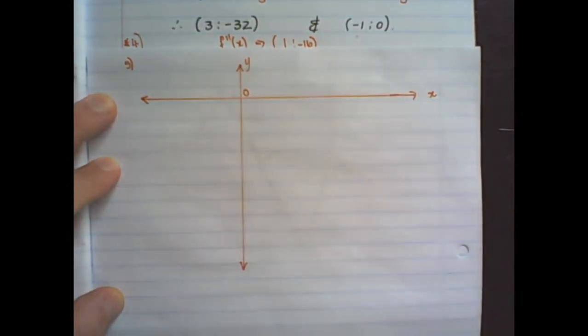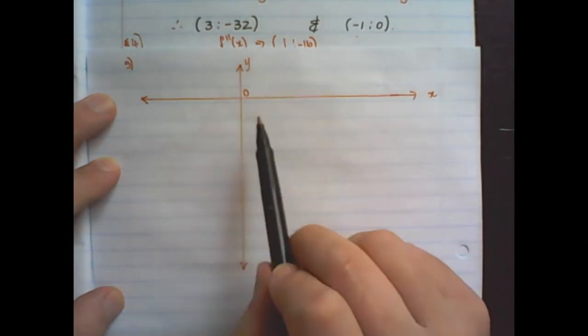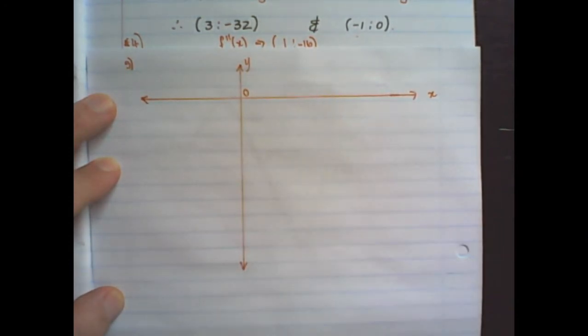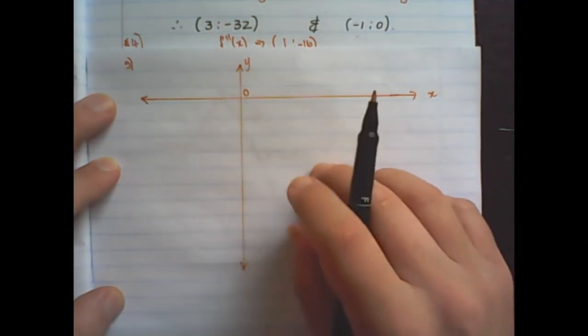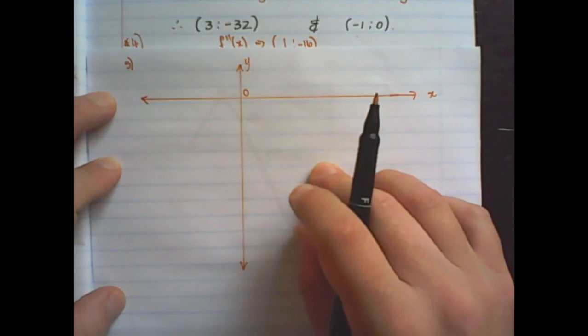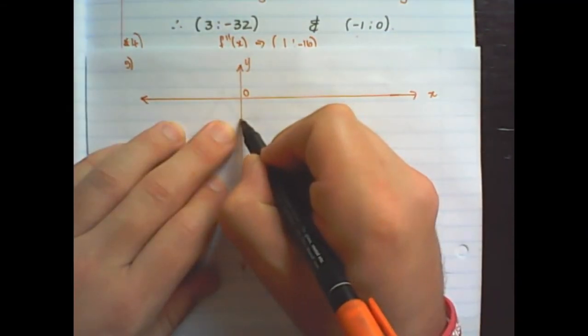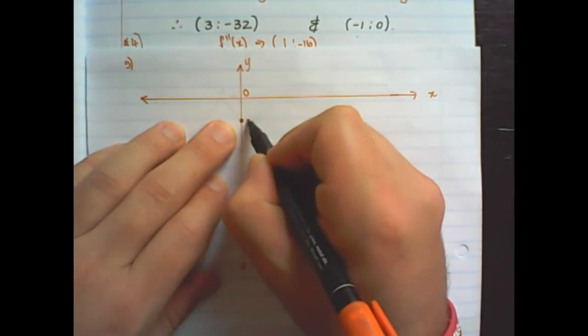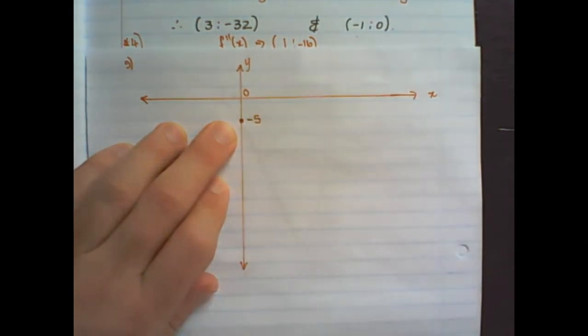Before plotting the cubic function, I start with the Cartesian plane. Remember to name the x and y axis. Then I plot all the coordinates given to me. In step 1, the y-intercept was negative 5.